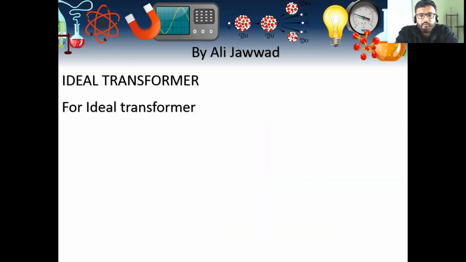For an ideal transformer, the power input should be equal to the power output. We are assuming that there is no energy loss in terms of heat. So power is equal to voltage times current. To know how this formula came about, please go to the lessons on current electricity. I am providing the link here in the video.